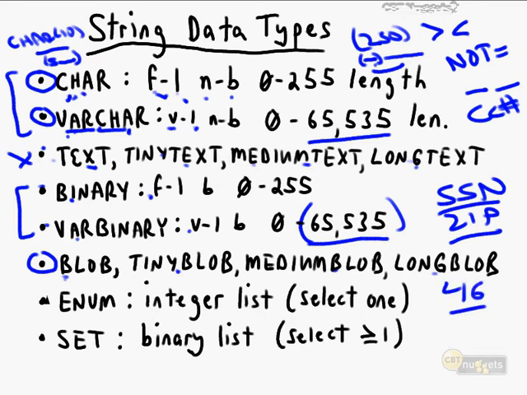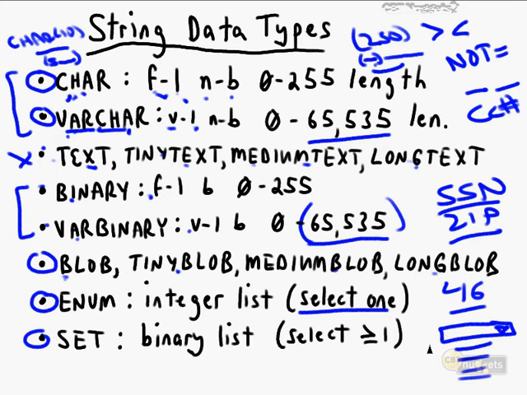And then finally we have the enum and set. These are pretty handy. These allow you to store list data or set lists. The bottom line here is that you can pre-populate data that goes into that column. So enum is what you would choose for a select one list. Think of this as where your data entry form would have a drop-down list box where you click it and you can only choose one.